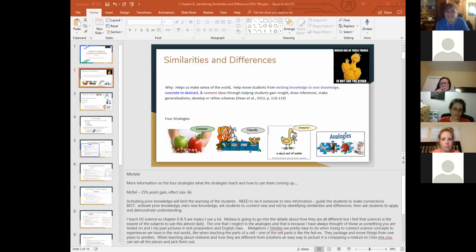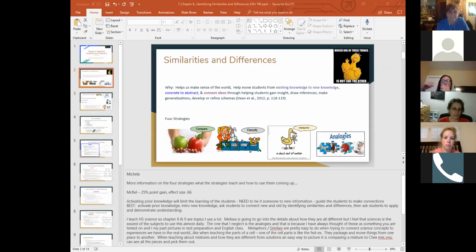So the chapter is on similarities and differences, and it talks about why we should be doing this and how we can use it to make sense of the world. It can help students move from what they already know to adding more information, so it allows them to build onto things, along with moving from concrete ideas into abstract ideas.